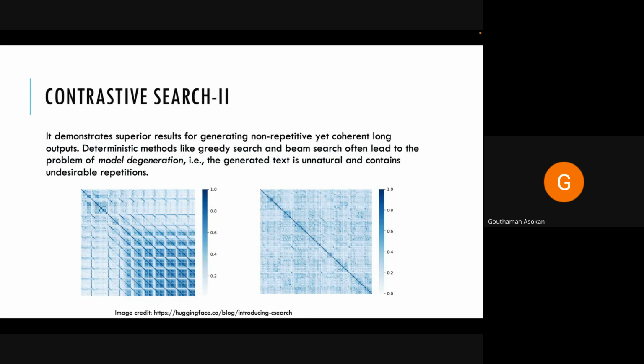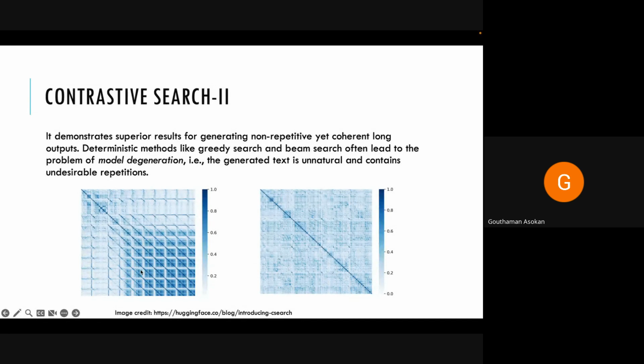So again, we see through visualization how the contrastive searches are different. Here, without the contrastive search, when we use a greedy search, the generated tokens are compared for similarity, something like a cosine similarity. If we see these sequences, all of them have very high similarity.